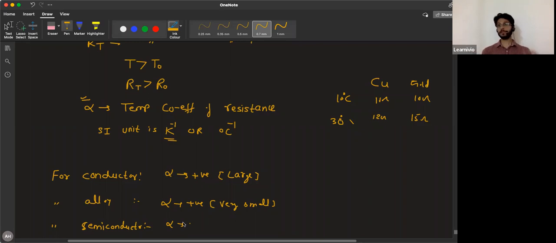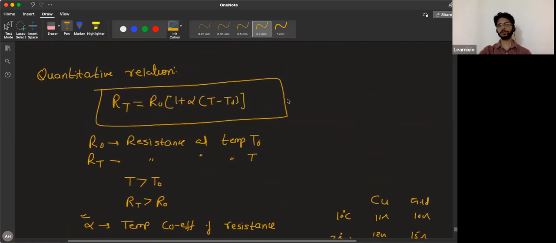What happens with the resistance if I increase the temperature? Resistance decreases. So alpha is negative.